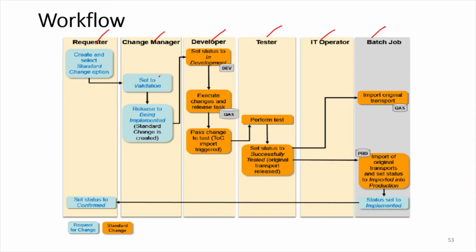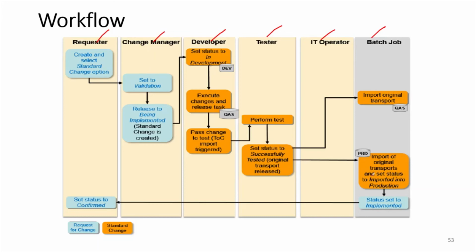Once this is done, setting the status to in development, executing the changes, releasing the task, and passing the change to test, that is getting the transport of copies imported from in development to quality system, will be done by the developer. And once this is done, the tester will perform the testing, and once the testing is done, the tester will set the status to successfully tested, that is the original transports will be released.